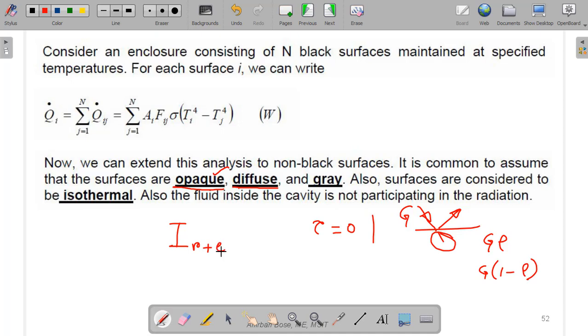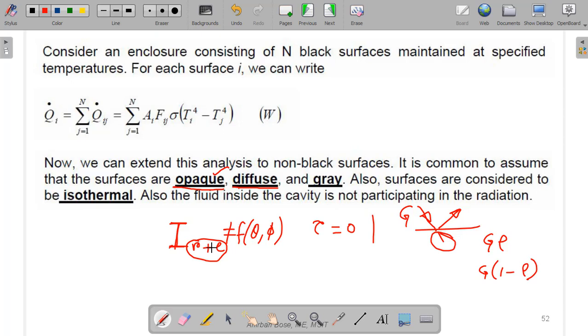You have to remember that both have to be considered in the intensity. And this quantity is not a function of theta and phi. This is the meaning of a diffuse surface.